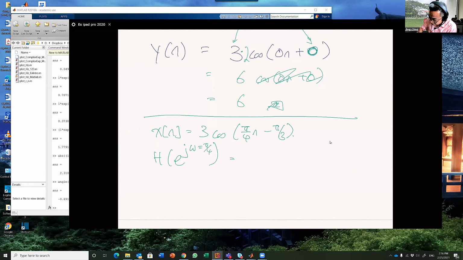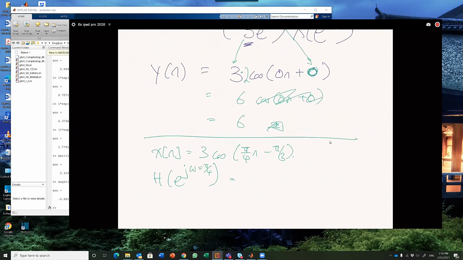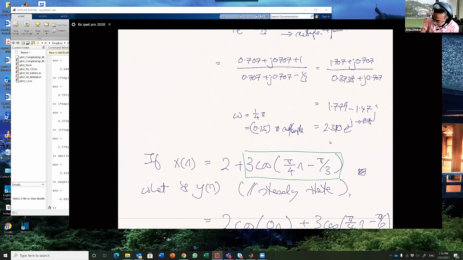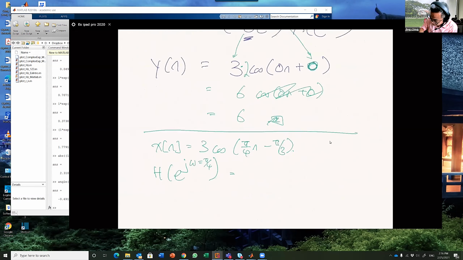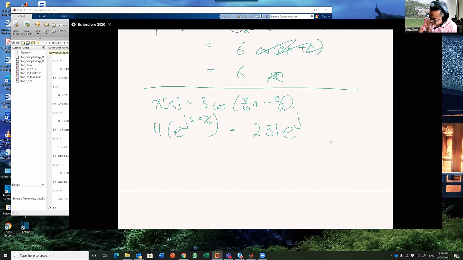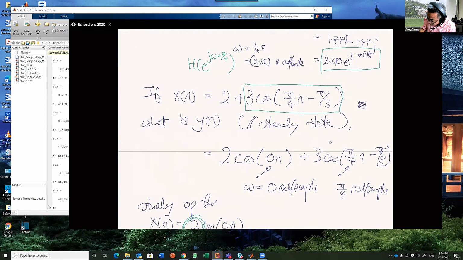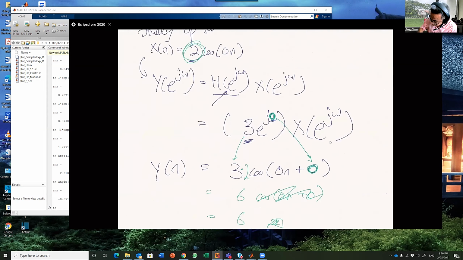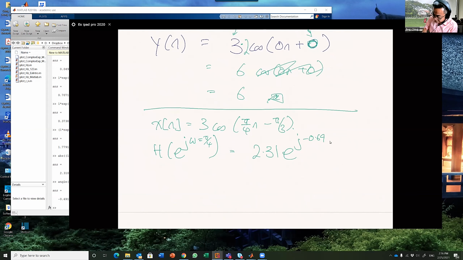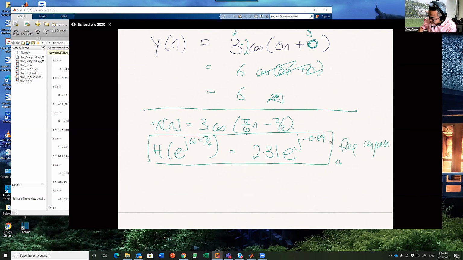This guy, we have already figured out. The answer is, this is H of e^jω at omega equals pi over 4: 2.31 e^j(minus 0.69). Okay, so this is the frequency response at omega equals pi over 4 radian per sample.